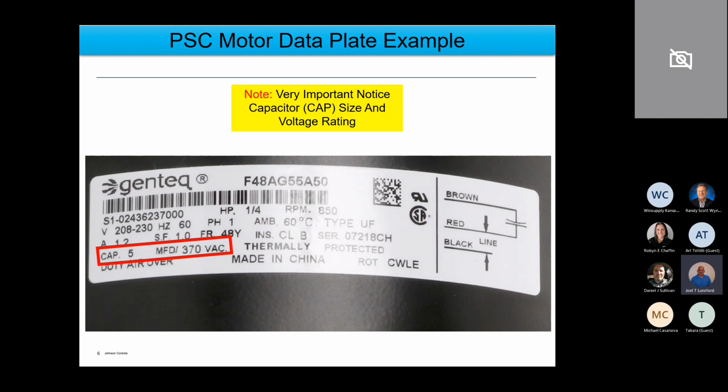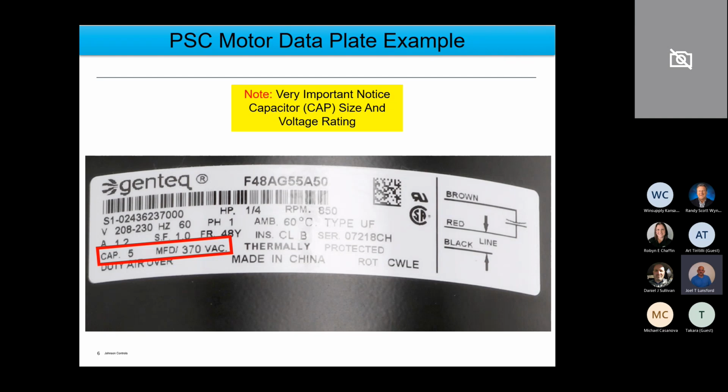If you take the dual capacitor, make sure that you're using the portion of it that says fan if you're going to put it on the fan, because on a dual capacitor you'll have a common terminal, then a terminal that says fan, and then a HERM terminal. That's for the compressor. So one side of it will be for the fan, the other side will be for the hermetic, or HERM. That means that goes to the compressor.